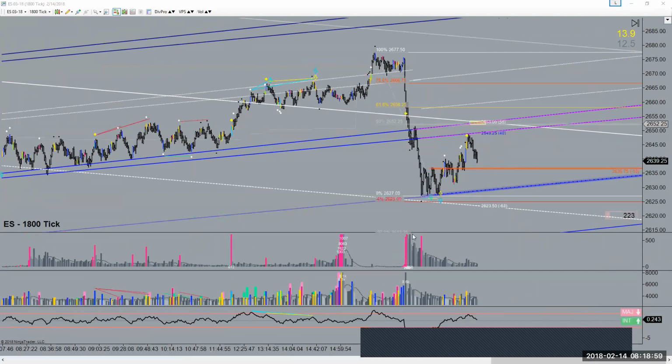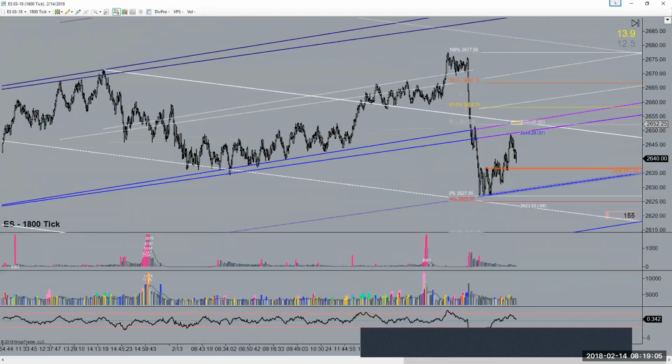ES is coming back down here. Yeah, I was looking at that BL. That might have been actually a nice short, huh?